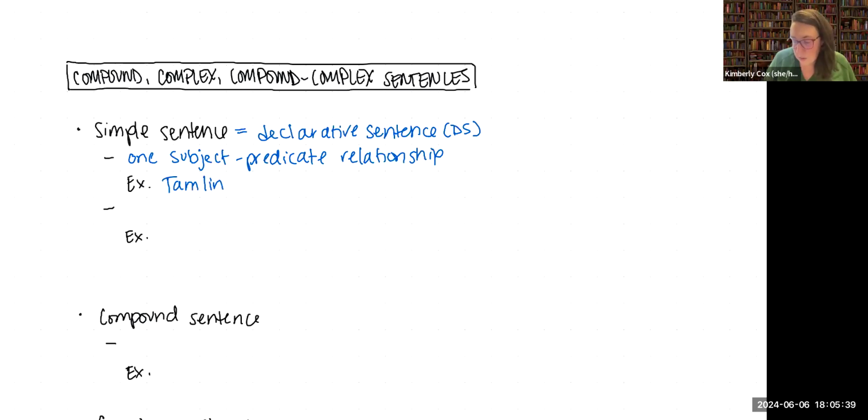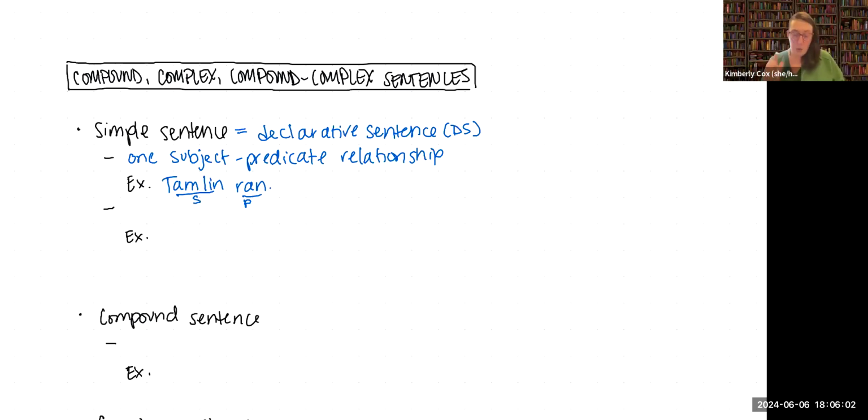Tamlin ran. So I'm using the name once again from Sarah J. Maas's A Court of Thorns and Roses. So Tamlin ran is quite simple, quite straightforward, right? We have our subject and we have our predicate. There's a clear relationship between those two words. So this is a nice, simple sentence.